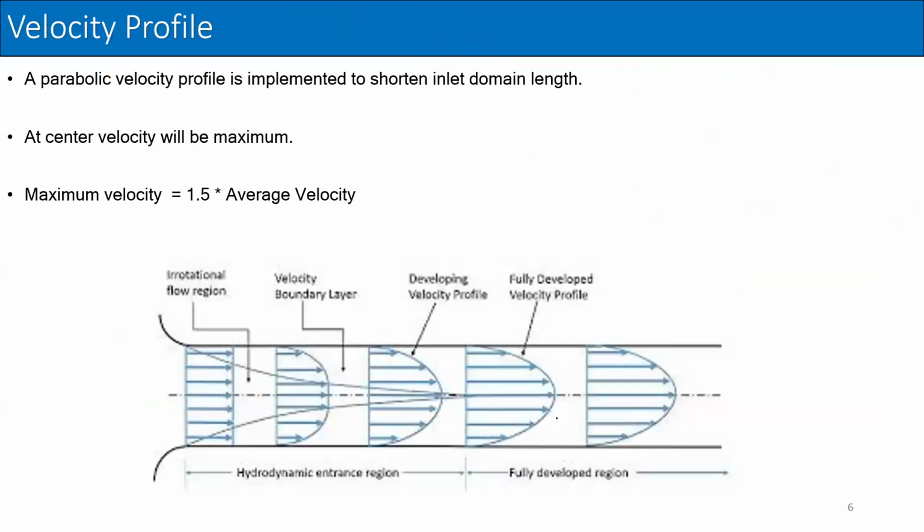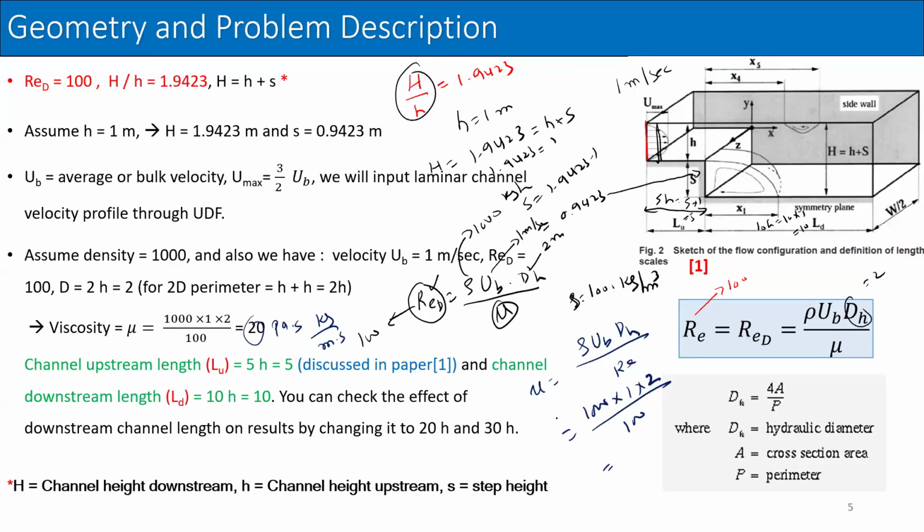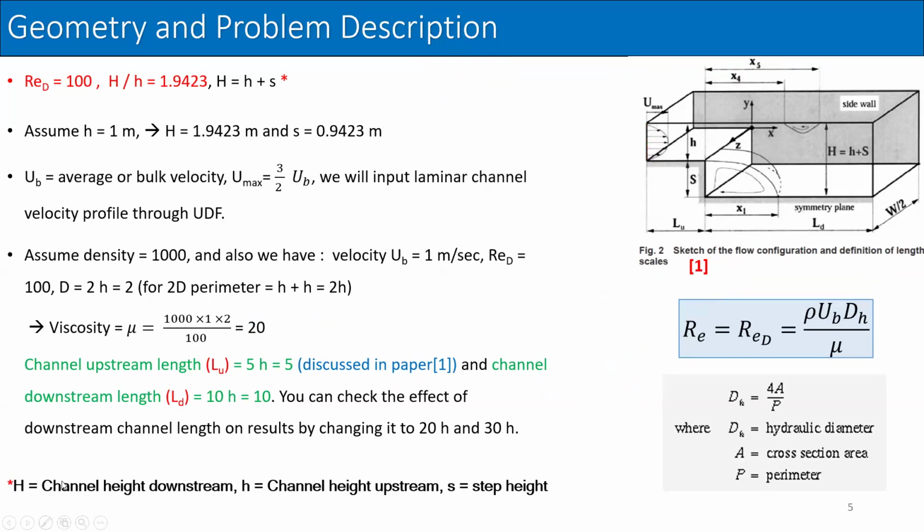So now I think you know how we got these values. We have the geometry as well as the fluid properties and the flow properties. The flow property is UB equal to 1 meter per second. The fluid properties are density equal to 1,000 kilogram per meter cube and viscosity 20 Pascal second, or kilogram per meter second.